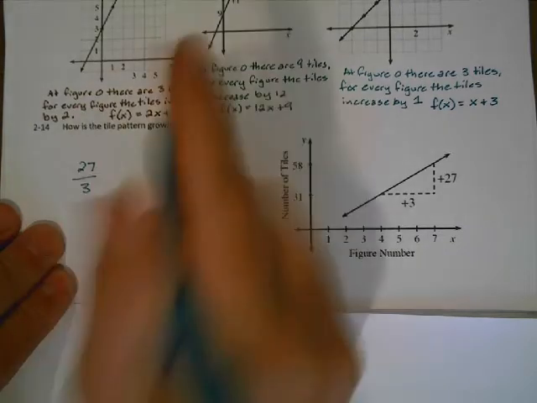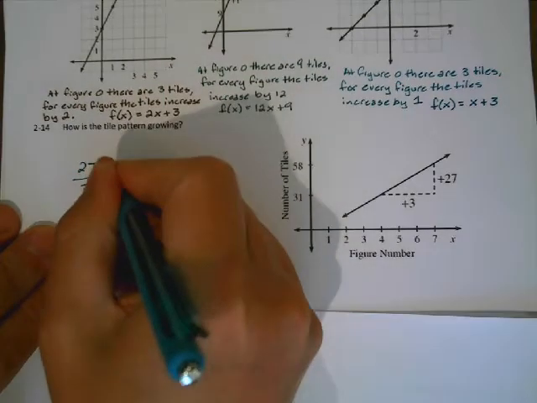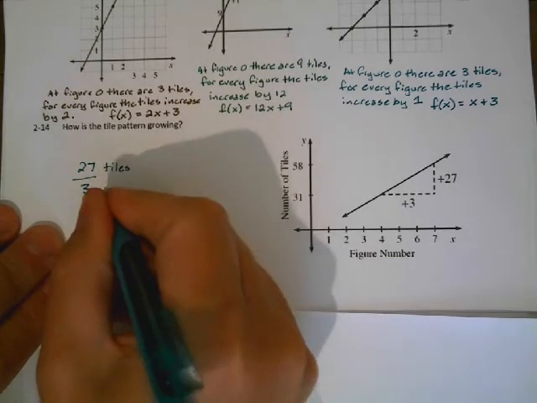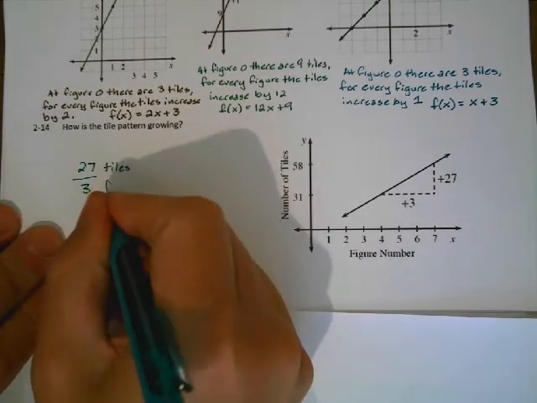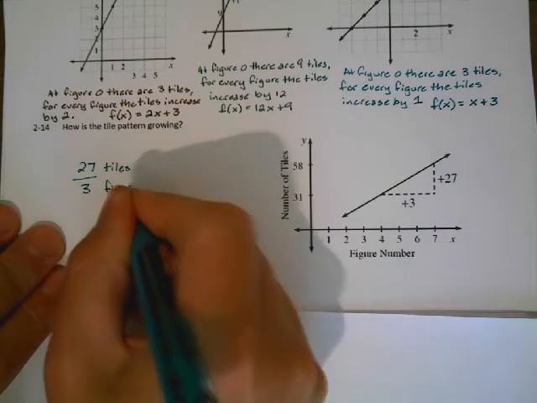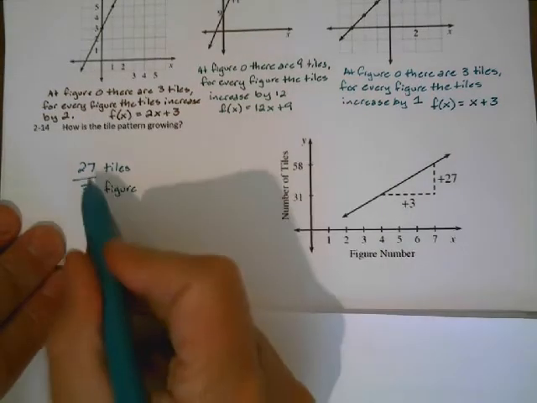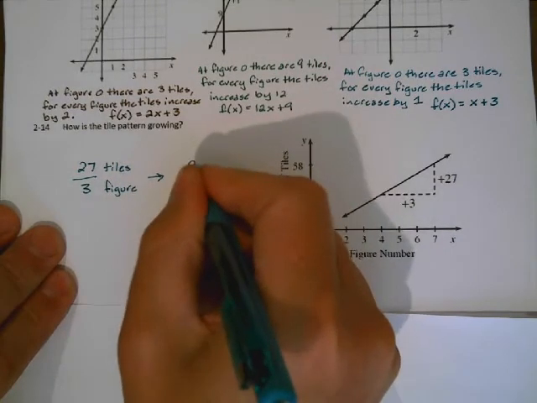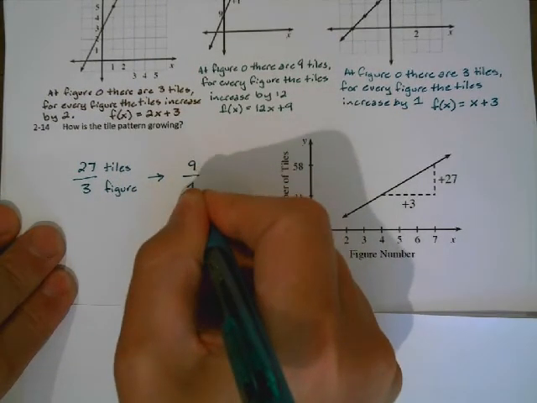It increases by 27 tiles per 3 figure numbers. So if I reduce this, I would get 9 tiles for every one figure.